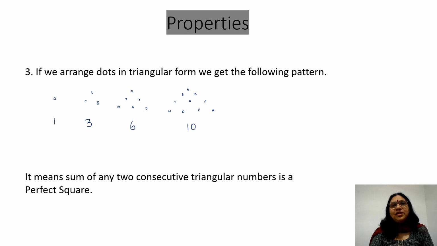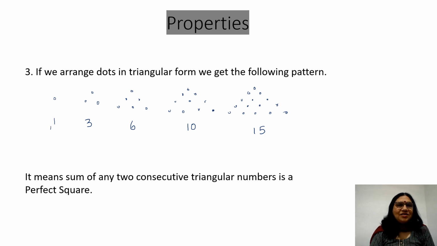Similarly, if I make the next one, it would be 1 to 10 and then 11, 12, 13, 14, 15. I will have 15 dots. Now you see the interesting pattern.